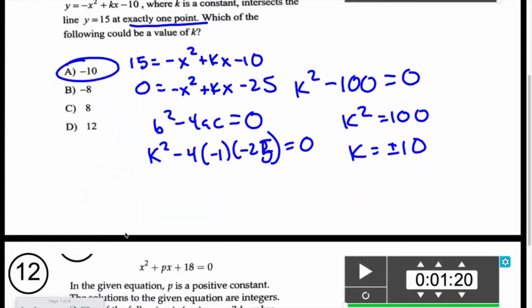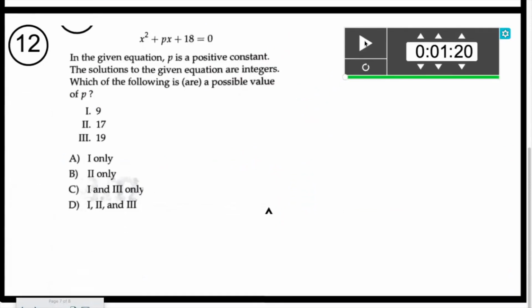All right, then let's take a look at this one. I guess I am going to do this one both ways. So the first way, by hand, is if the solutions to the equation are integers, then that just means that it must factor.